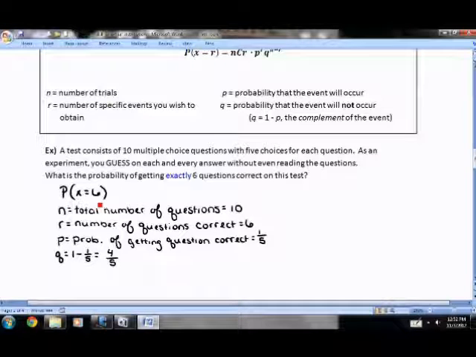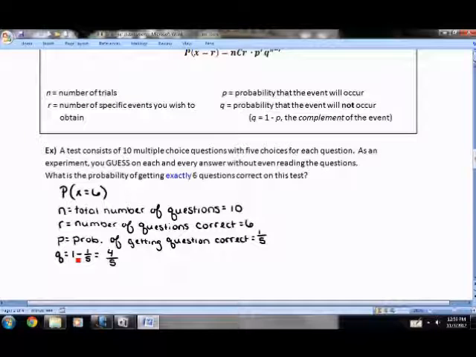So what is your n? Your n is the total number of test questions you have. In this case, your n is going to be 10, and your r is going to be the number of questions you want correct. It says you want exactly 6 questions correct, so your r is going to be 6. And your p, which is the probability of getting a question correct, is going to be 1/5.